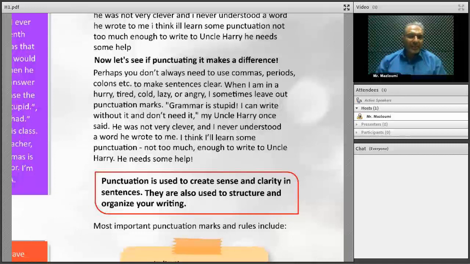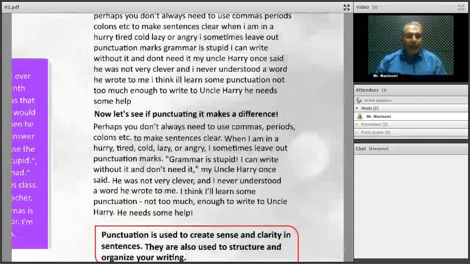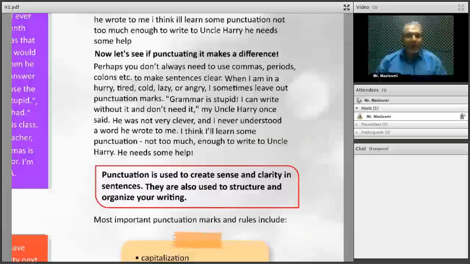I forget. I delete them. Grammar is stupid. I can write without it and don't need it, my Uncle Harry once said. And this is what happens when dear Uncle Harry doesn't care about punctuation marks.